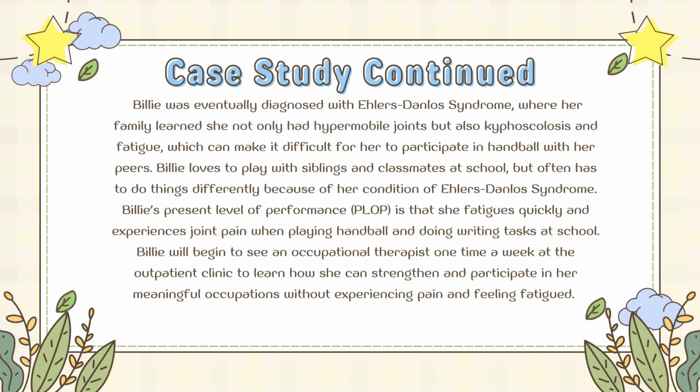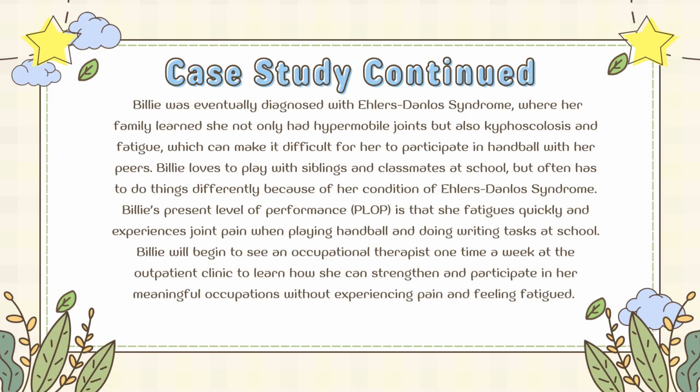Billy was eventually diagnosed with Ehlers-Danlos syndrome, where her family learned she had not only hypermobile joints, but also kyphoscoliosis and fatigue, which can make it difficult for her to participate in handball with her peers. Billy loves to play with her siblings and classmates at school, but often has to do things differently because of her condition of Ehlers-Danlos syndrome.